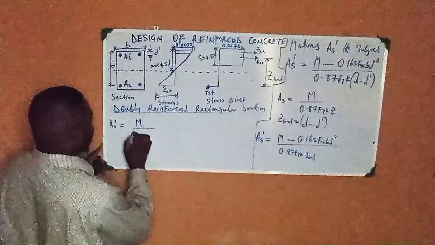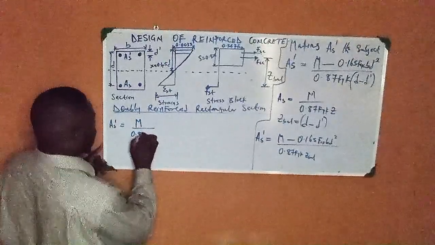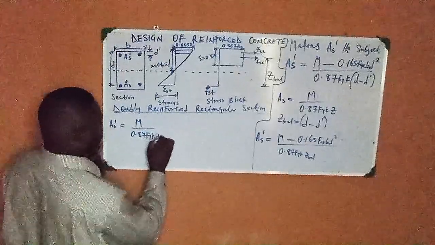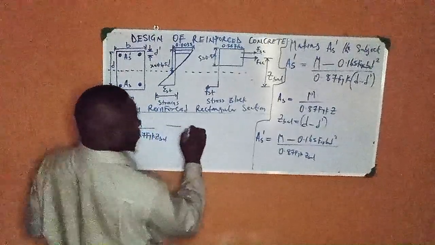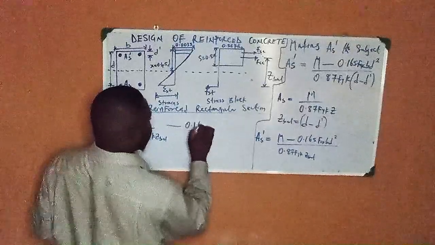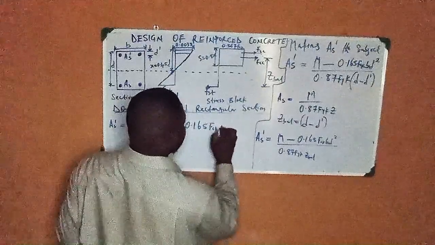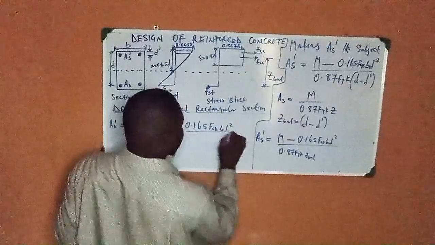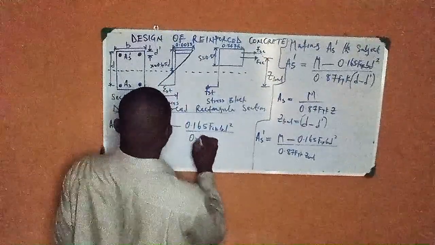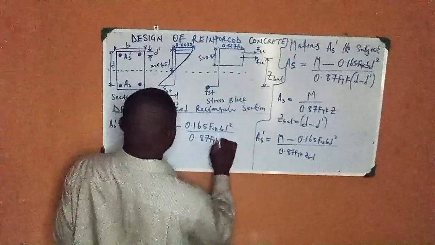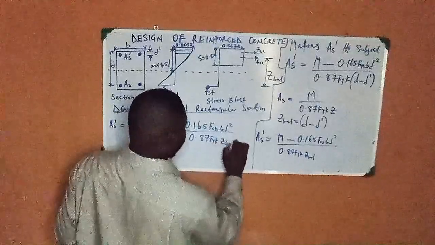M over 0.87 fyk z bar minus 0.165 fck bd squared over 0.87 fyk z bar.